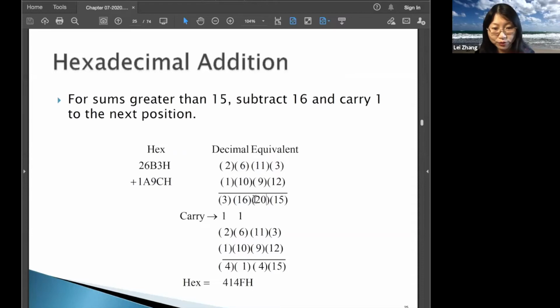So how do we do that? This 20 will generate a carry bit.